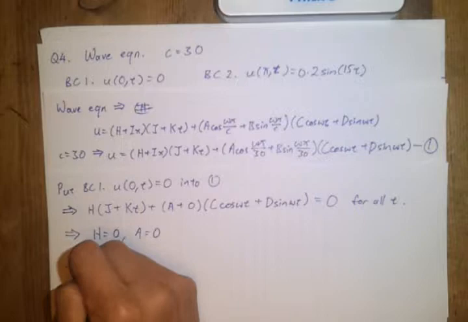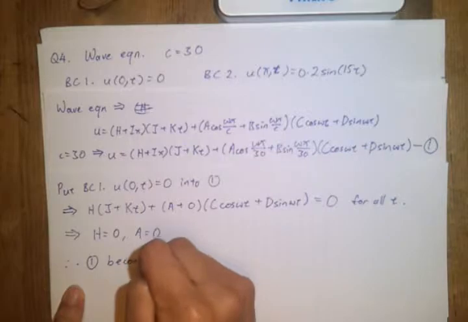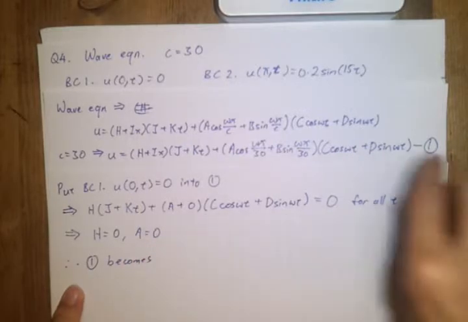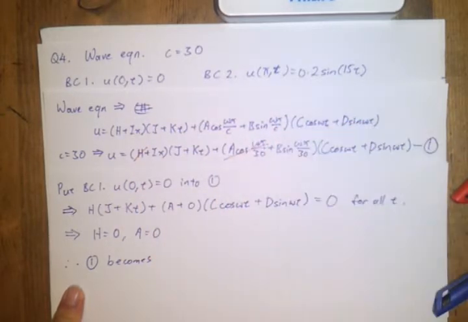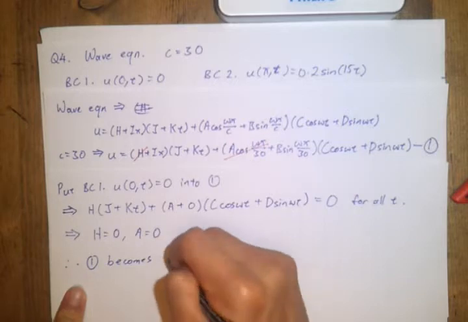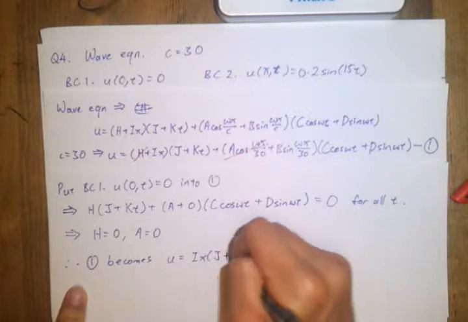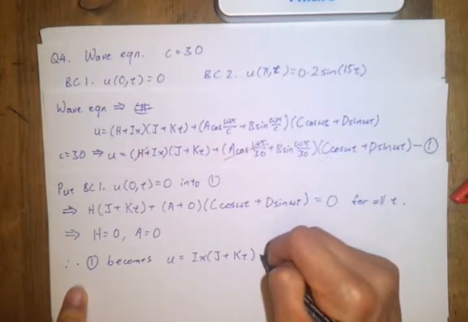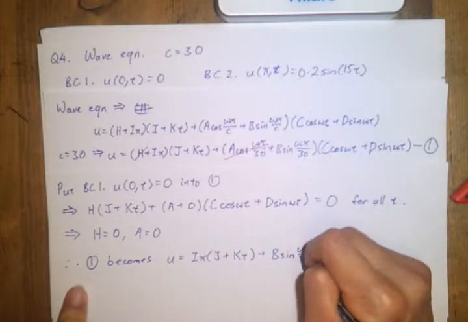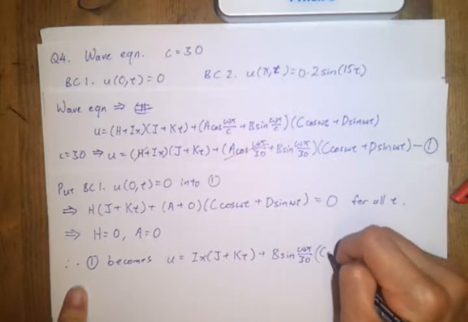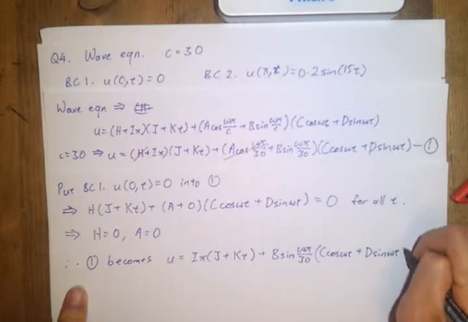So your solution becomes u equals i times x times j plus kt, plus b sine omega x over 30 times c cos omega t plus d sine omega t.